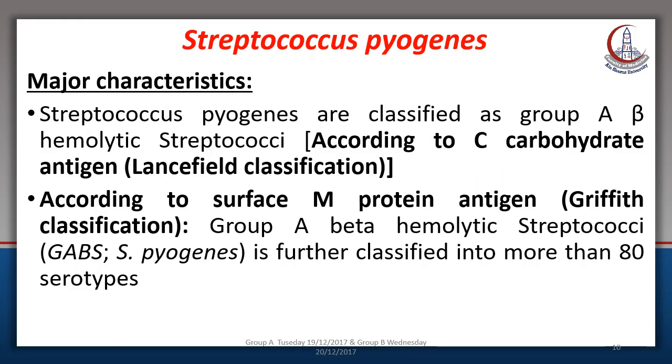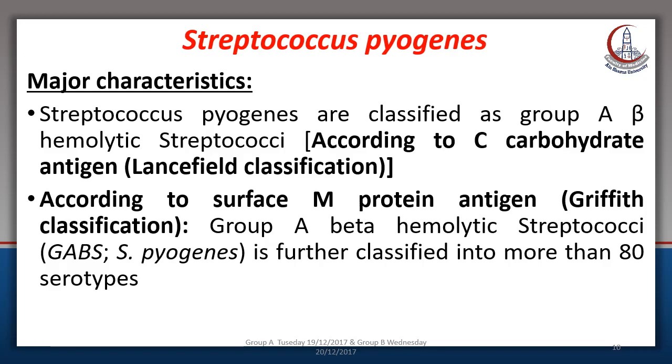Streptococci are classified by the Lancefield classification, according to carbohydrate antigen, into different groups. One of them is group A streptococci, which is group A beta hemolytic streptococci, for example Streptococcus pyogenes.